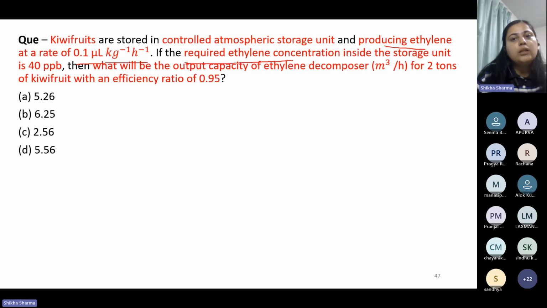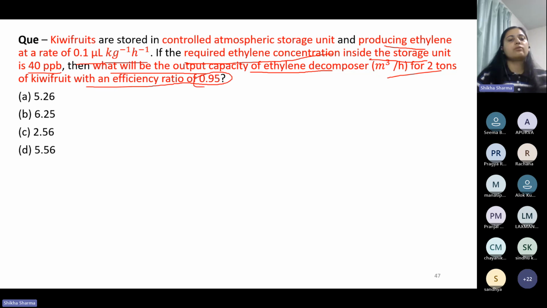If the required ethylene concentration inside the storage unit is 40 parts per billion, ppb, what will be the output capacity of the ethylene decomposer for 2 tons of kiwi fruits with an efficiency ratio of 0.95? This is a very straightforward question.